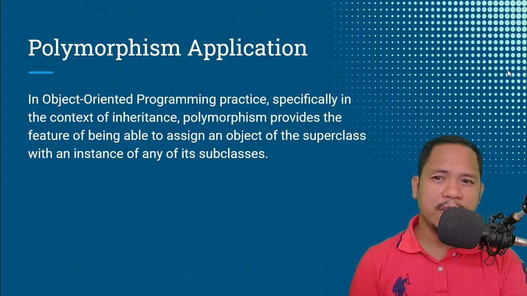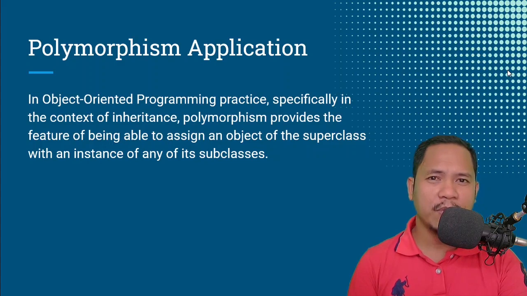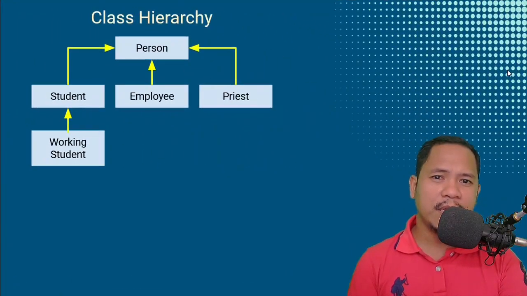In object-oriented programming practice, specifically in the context of inheritance, polymorphism provides the feature of being able to assign an object of the superclass with an instance of any of its subclasses. Let's take a look, for example, at this class hierarchy.